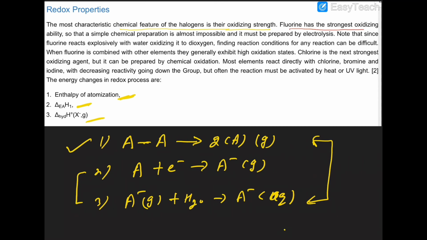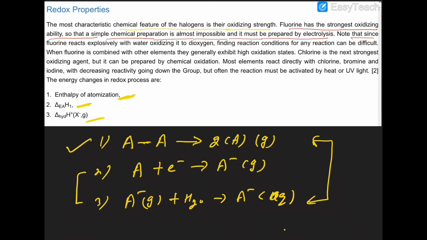Fluorine has the strongest oxidizing ability, so a simple chemical preparation is almost impossible and it must be prepared by electrolysis. So the only method to obtain fluorine from its compound is electrolysis. Only electricity can cause the chemical change in that.